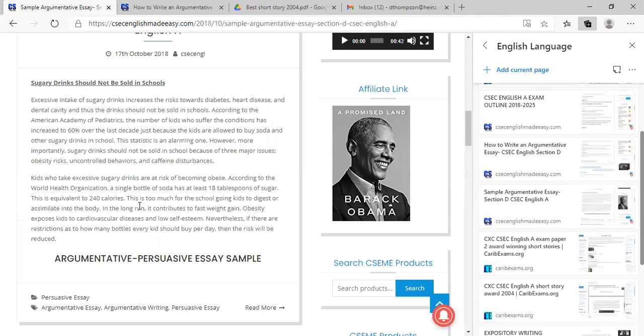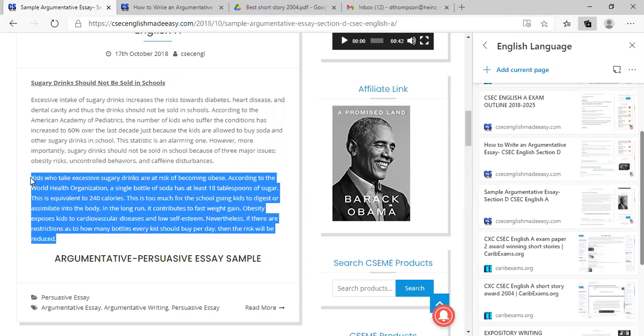In the long run, it contributes to fast weight gain. Obesity exposes kids to cardiovascular diseases and low self-esteem. Nevertheless, if there are restrictions as to how many bottles every kid should buy per day, then the risk will be reduced.